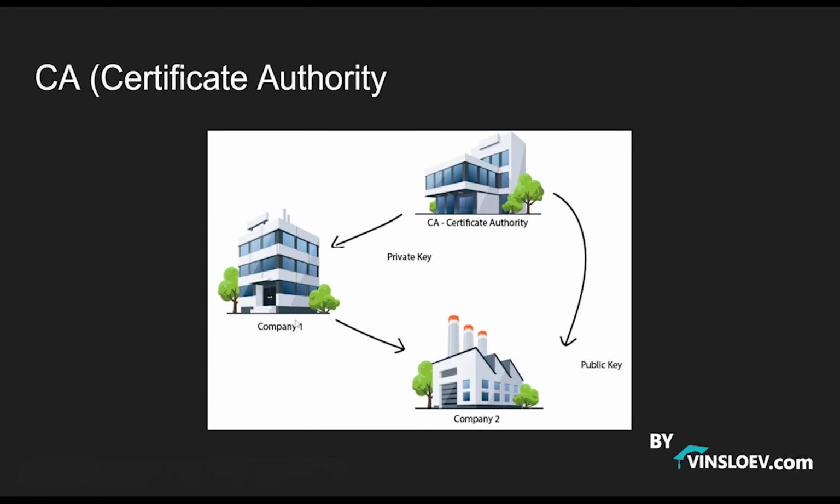If company 1 made some shady agreements with the CA, then company 2 could not be sure that whatever they received from company 1 was legit, because these two had an agreement in between. So it needs to be a third party that is independent from the people using this signed value, and it also has to be an authority that can be trusted to operate under the rules of this PKI setup.